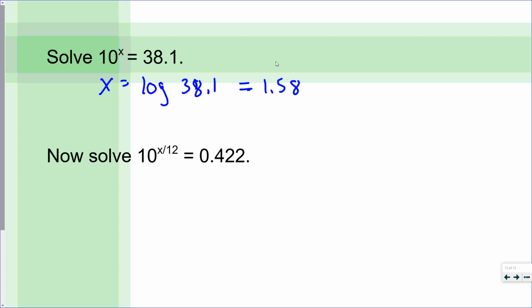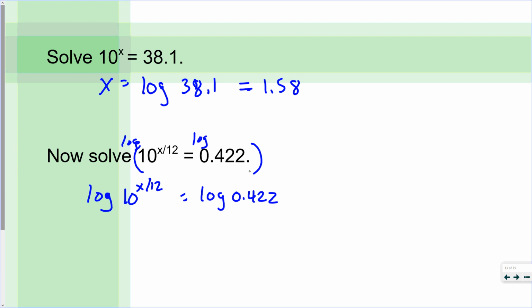Okay, what about this one? Here I'm going to explain a little bit about what happens with algebra. When you do a logarithm, the way we perform the operation is we take both sides and do a log on both sides. So we have log 10 to the power of x over 12 equals log of 0.422.